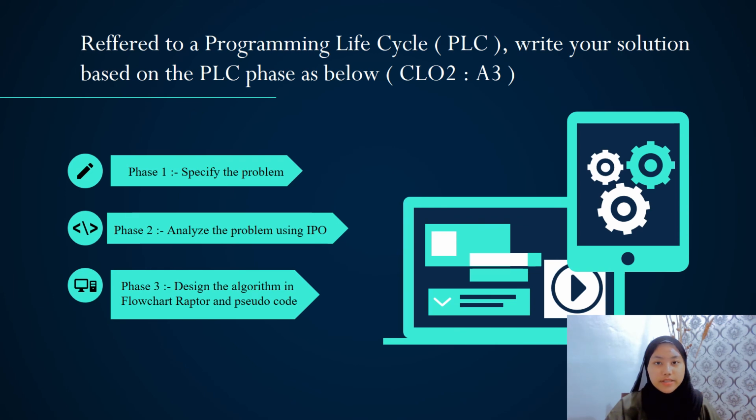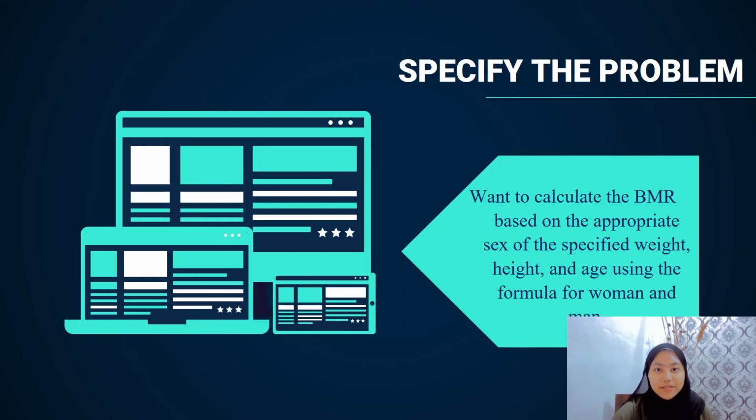So, from the question, referring to a programming life cycle, write the solution based on phase 1, specify the problem, phase 2, analyze the problem with input, process, and output, and phase 3, design the algorithm in flowchart and pseudocode. Phase 1, specify the problem. The problem is to calculate the BMR based on the appropriate sex for the specified weight, height, and age using the formula for women and men.